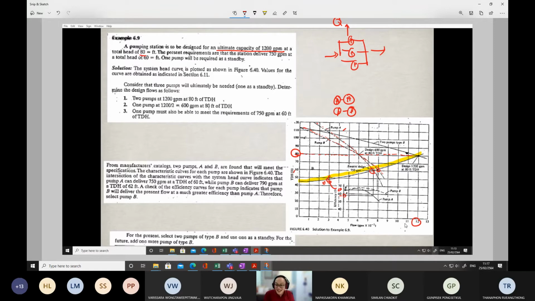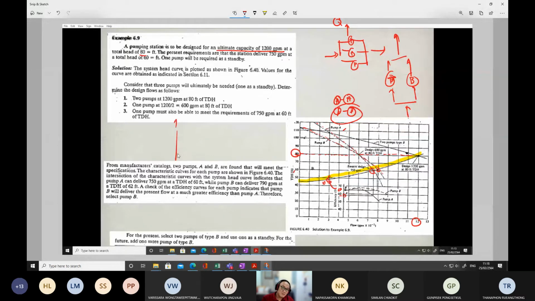Okay, so in this case, you just install two B pumps in parallel, like this. If we connect pump B in parallel, what will happen? Everything is the same for each pump.